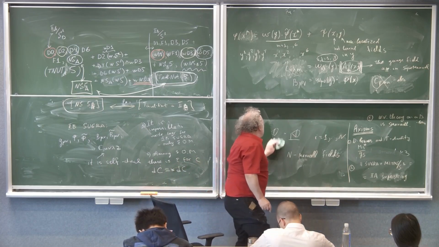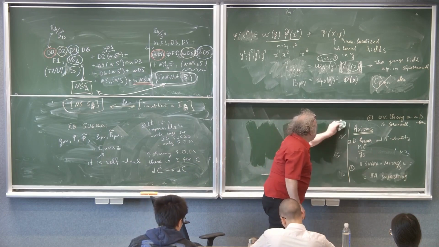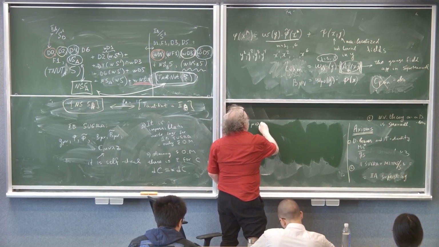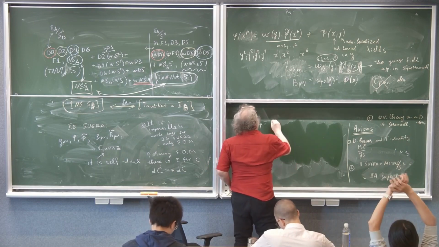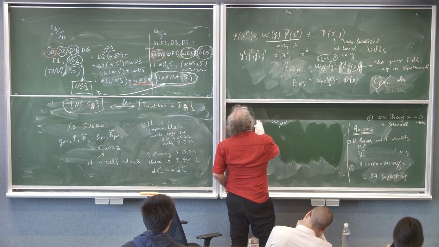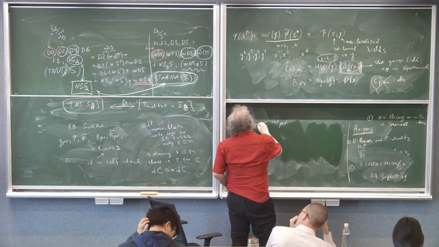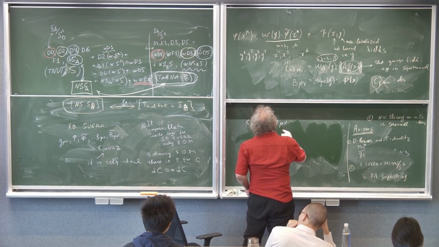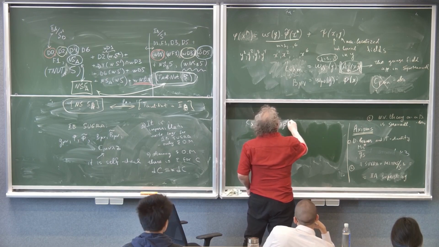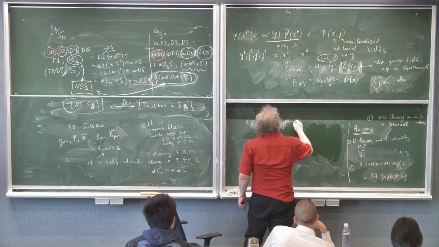Now the answer is simple. C mu lambda rho is omega mu. C lambda rho mu is omega, in the same notation, lambda rho, and some field that I will call B small.